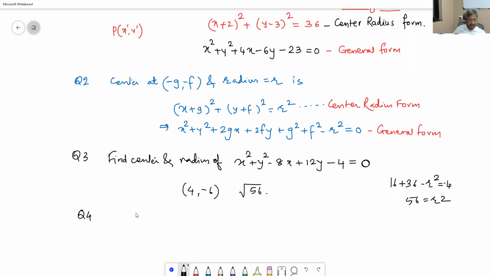Question 4. Find center and radius of x square plus y square minus 16x minus 12y plus 5 is equal to 0.